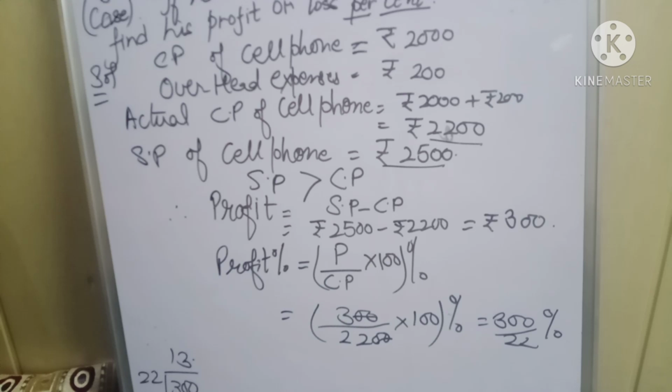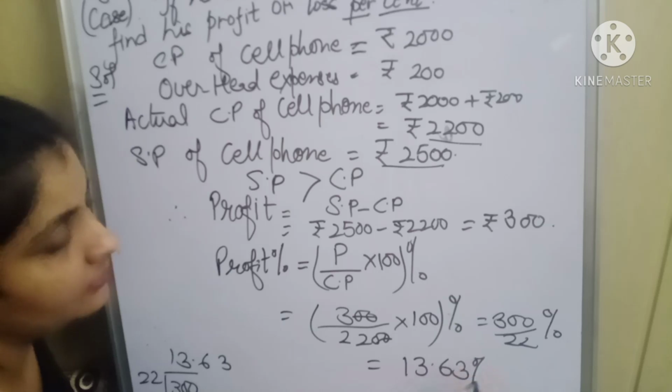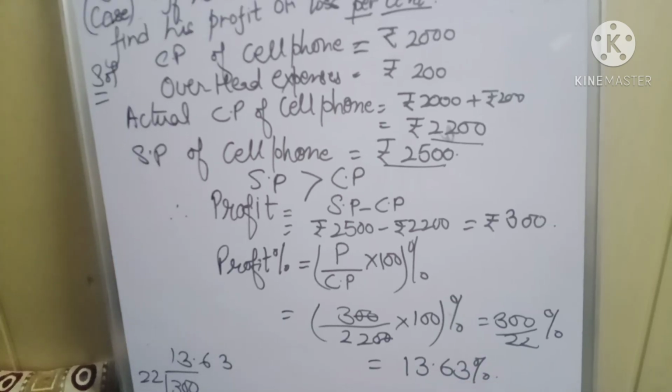Multiply with 6. Multiply with 8. 16, 1. 16 plus 1, 17. That is more. 6, 12, 1. 12 plus 1, 13. 6, 132. 80 again with 3. So that is equal to 13.63%. So how much profit is he getting?